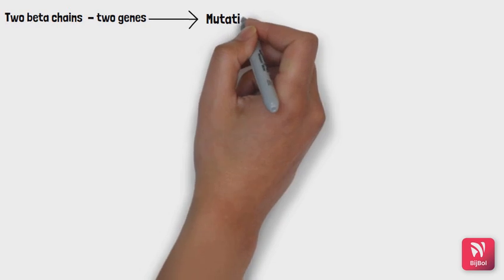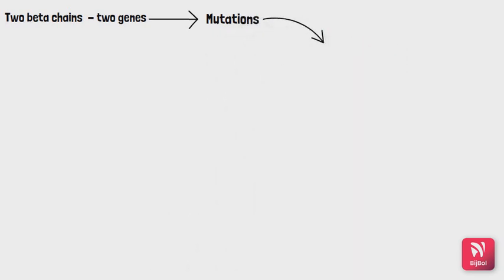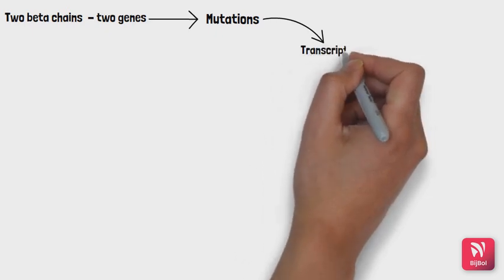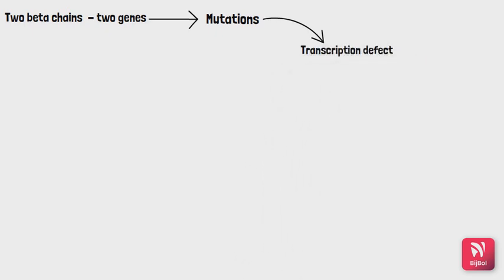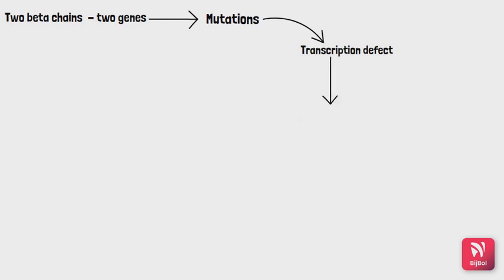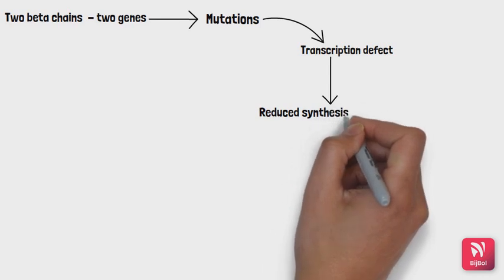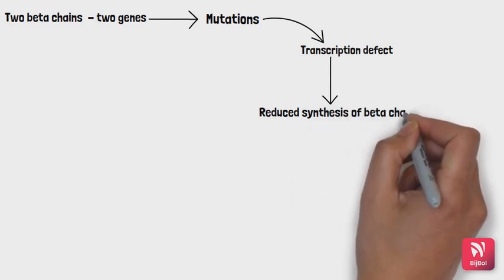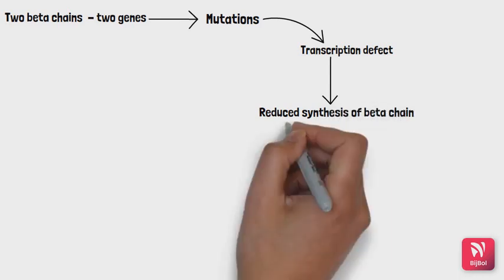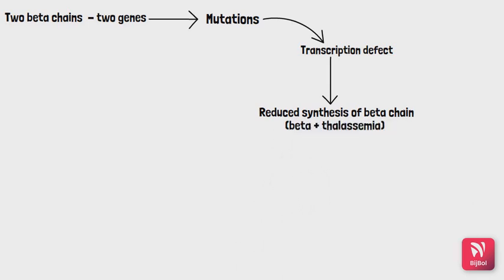If the mutation is at the transcription level, that is if there is a transcription defect, then it results in reduced synthesis of beta chain. Here there will be only reduced synthesis but not complete absence. That is called beta plus thalassemia. Beta positive or beta plus, in either way you can call it, beta plus thalassemia.